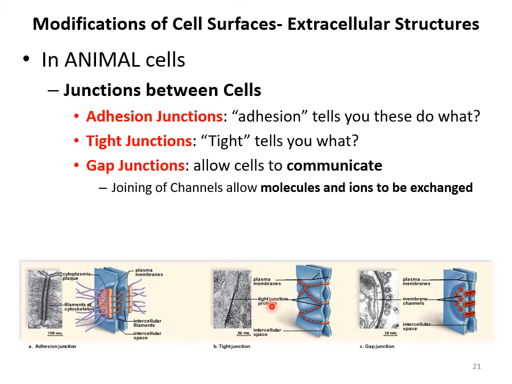Tight junctions are also for the physical attachment of two cells, but they're very tight, and we call them impermeably connected, meaning you're not going to have movement between those two cells. They're tightly connected. You notice you don't have a gap between them for transport of molecules to get through.